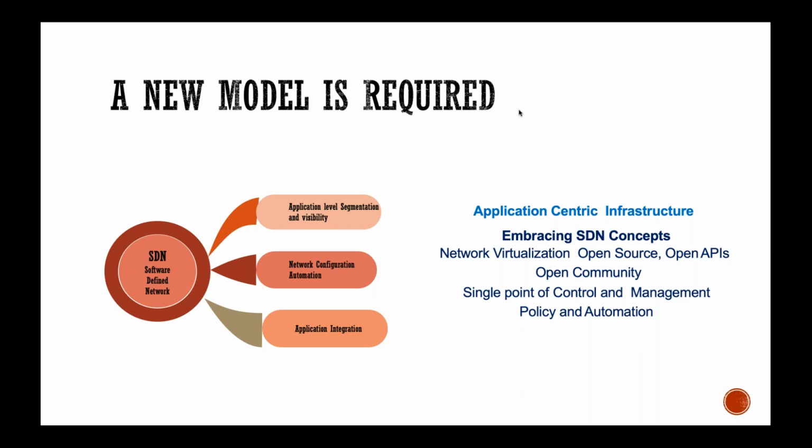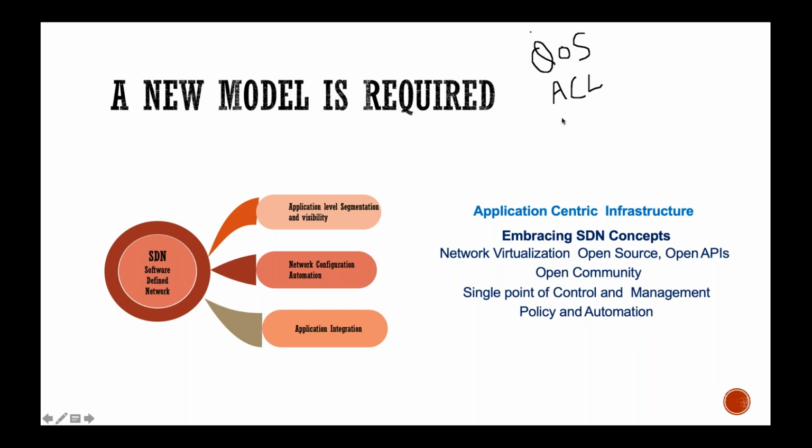Second is network configuration automation. We need automation to configure our network. So what all things do we usually configure in our network? If I take an example, we'll have some quality of service policies. We have some security, for example, I'm just thinking of a traditional network, so we have ACLs to provide security.